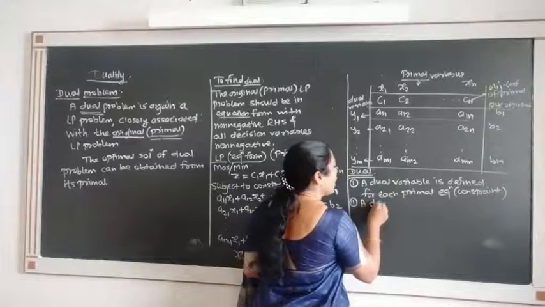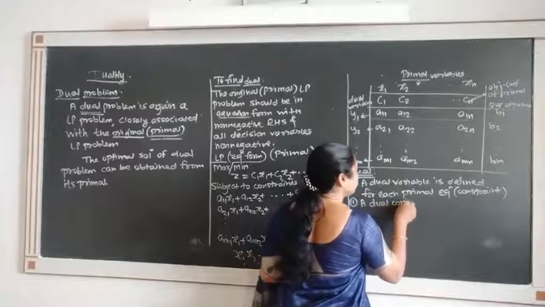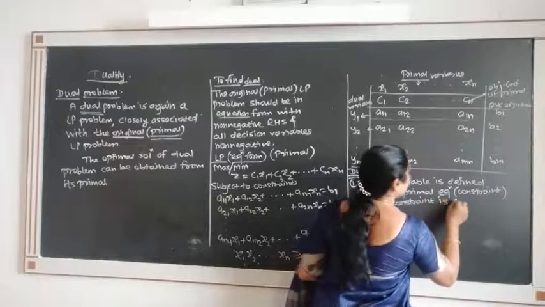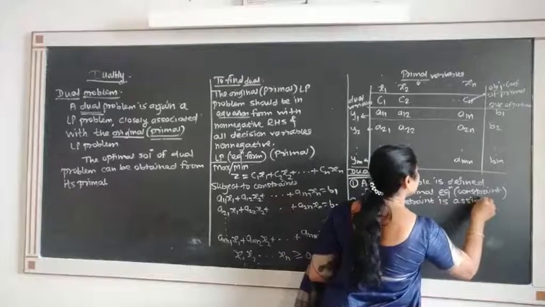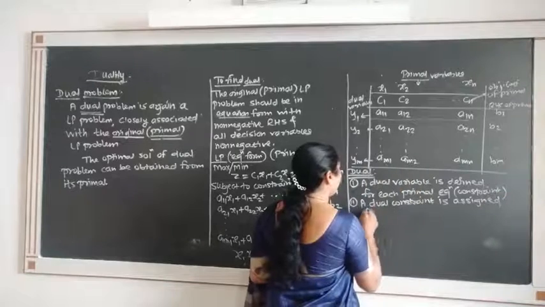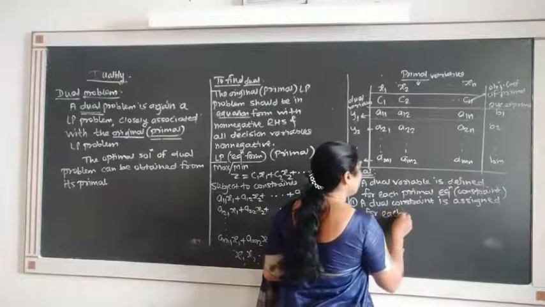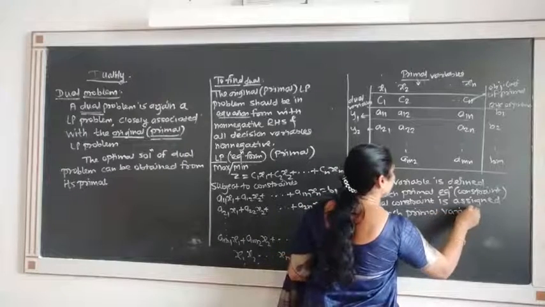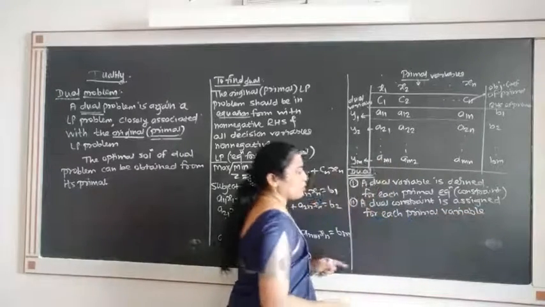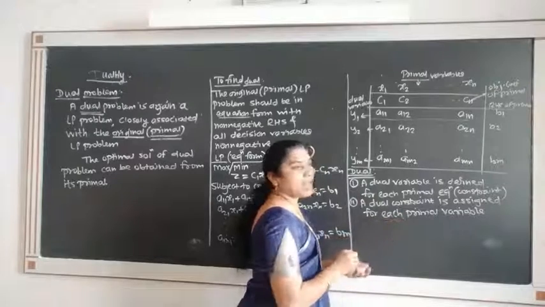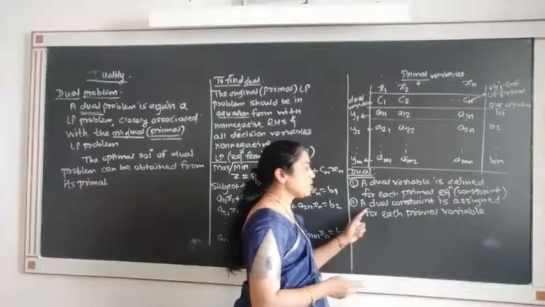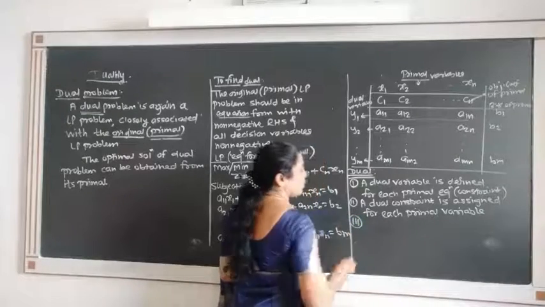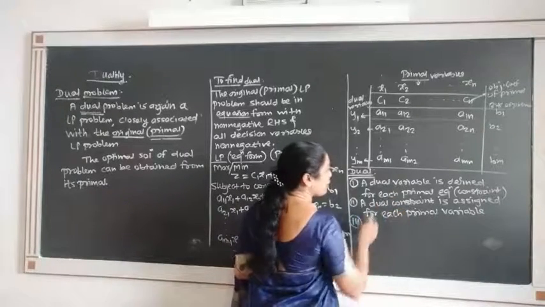Second, a dual constraint is assigned for each primal variable. So if you consider a primal variable, that gives us a dual constraint. How to get this dual constraint?